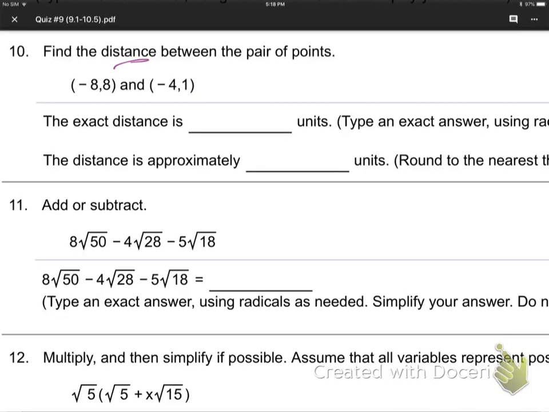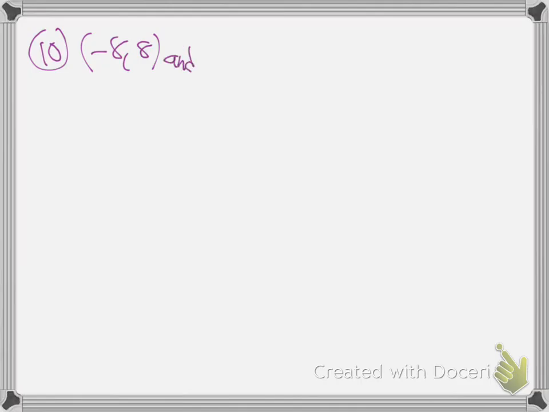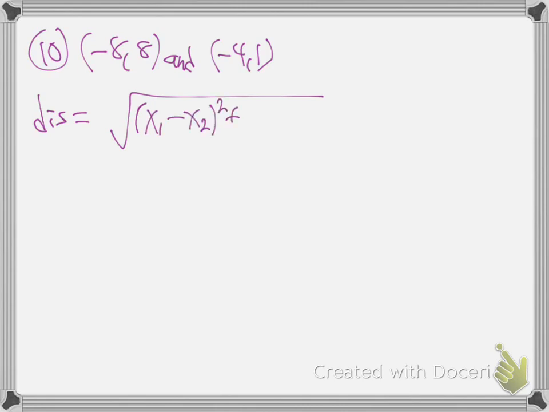Okay, we want to find the distance between these points. How do we find the distance between 2 points? The formula, here, let me go fresh screen here. So number 10, negative 8, 8, negative 4, 1. Distance is the square root of x1 minus x2 squared plus y1 minus y2 squared.